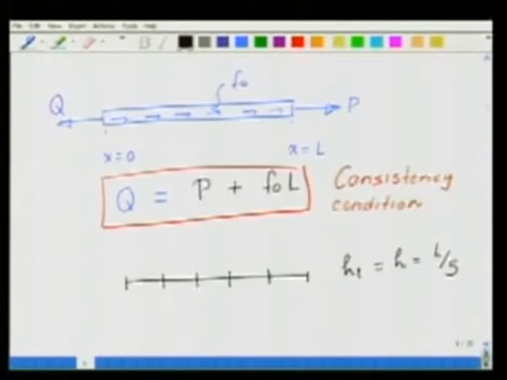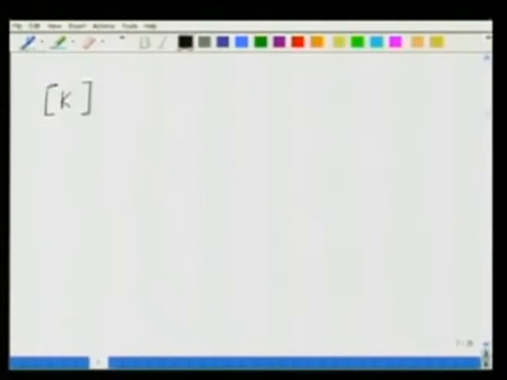So for this 5 element mesh, we already know the stiffness matrix, that is the unmodified stiffness matrix. So that we will inherit from what we had done earlier. So the K stays as what we had obtained for the previous problem before we applied the boundary conditions.